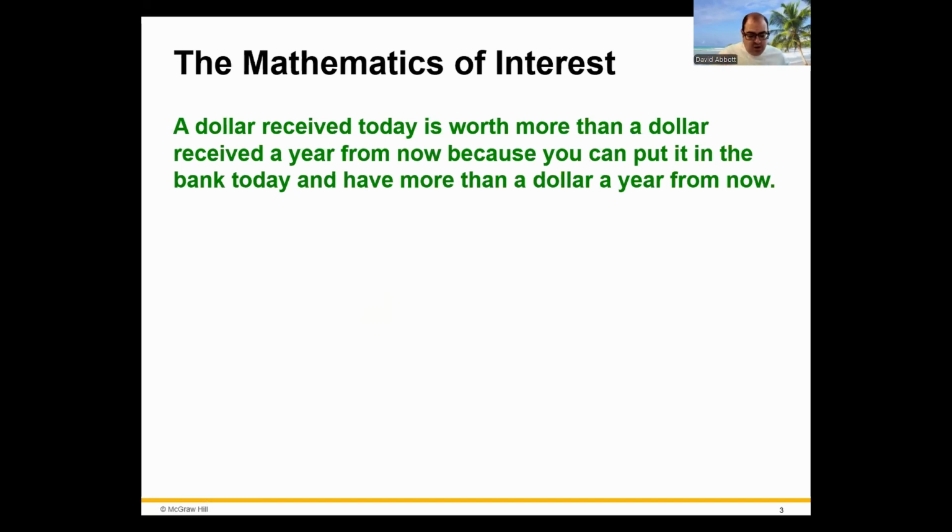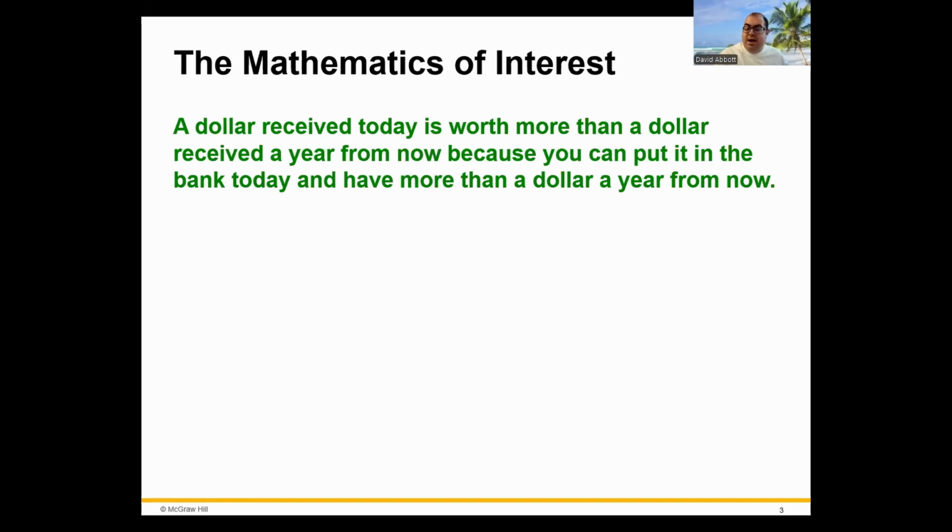So remember that a dollar received today is going to be worth more than a dollar received a year from now, because you can put it in the bank today and have more than a dollar a year from now.